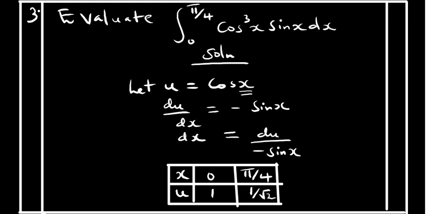Now after changing the limits, we can now proceed to the next page and say, this is now going to be equal to the integral. Let us begin from what we really had.